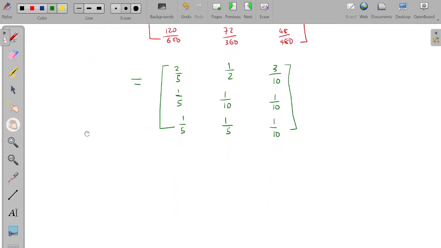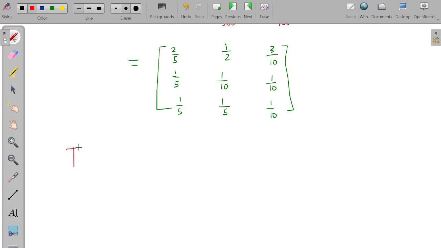Now we need the coefficient matrix. The coefficient matrix is I minus A. That is the coefficient matrix.